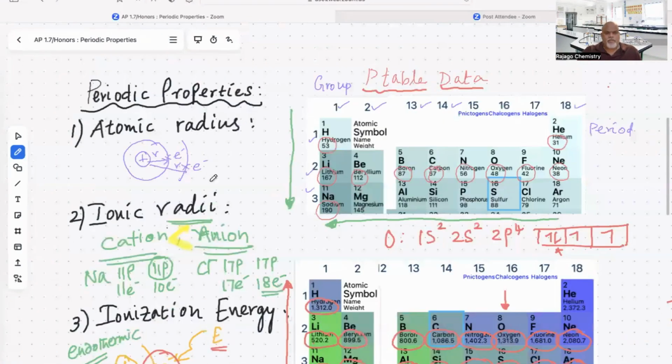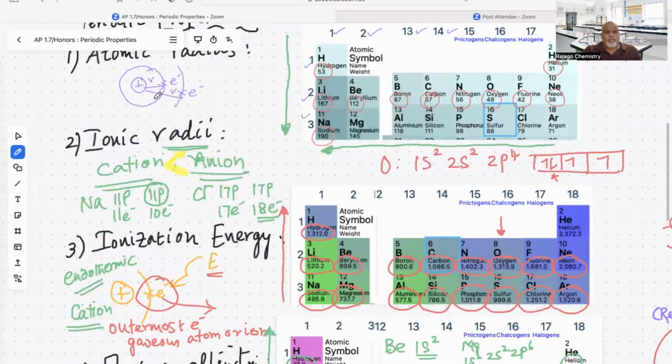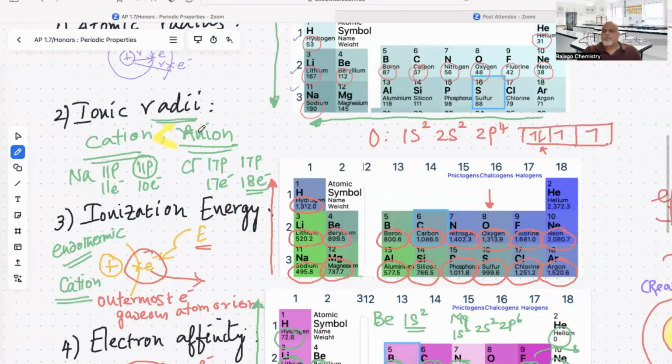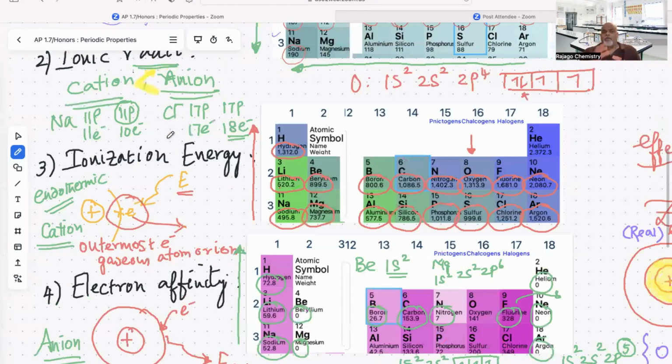So the atomic radius, what is atomic radius and how it changes from top to bottom. What is ionic radius? Anions always have a higher radius compared to cations. And ionization energy is the energy required to remove an electron from the outermost shell of a gaseous atom or an ion.